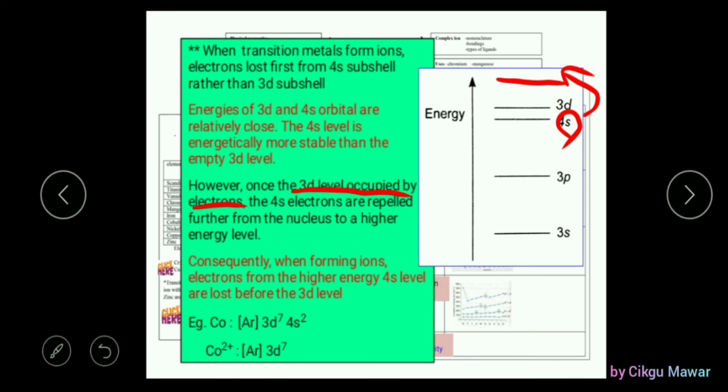Consequently, when forming ions, electrons from the higher energy 4s level are lost before the 3d level. So the electrons in the 4s orbital are removed first, followed by 3d. So in the formation of cobalt 2+, we remove the outer electrons in the 4s orbital, leaving 3d7.